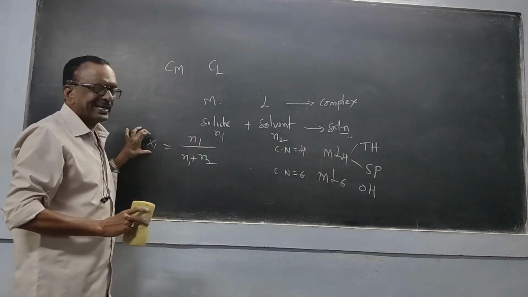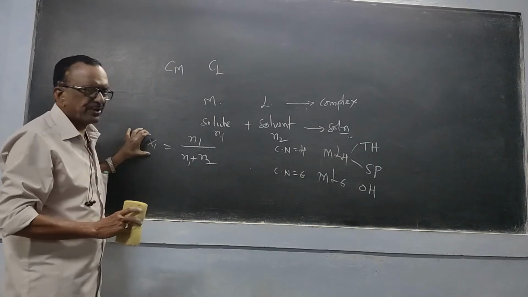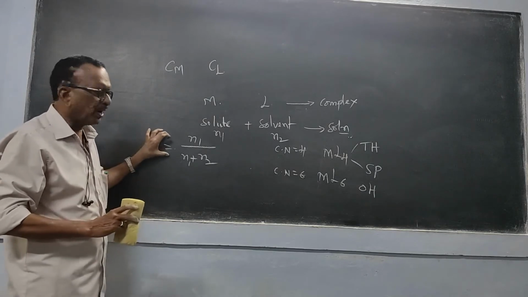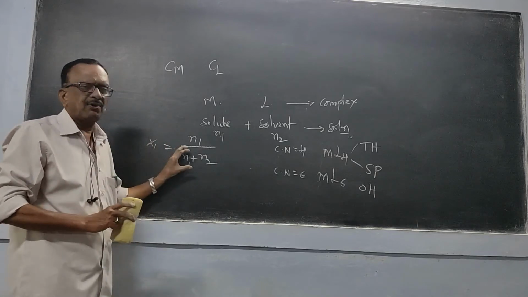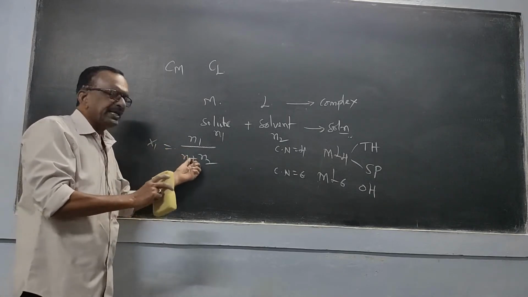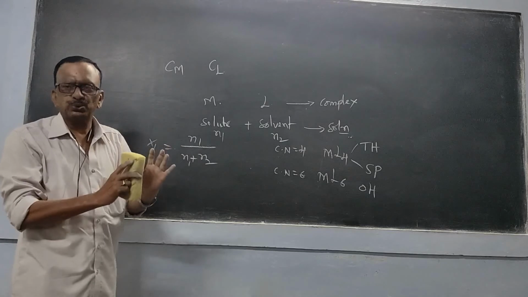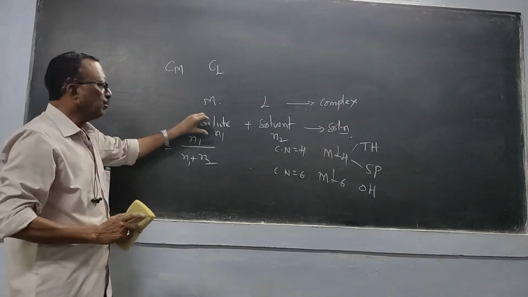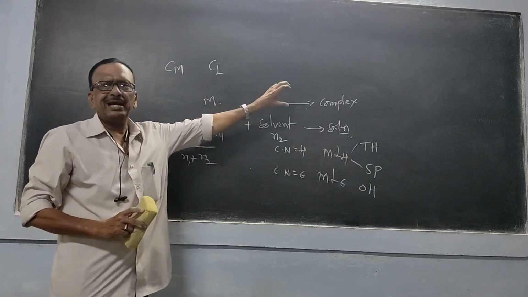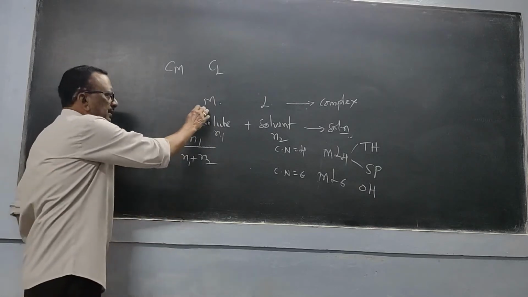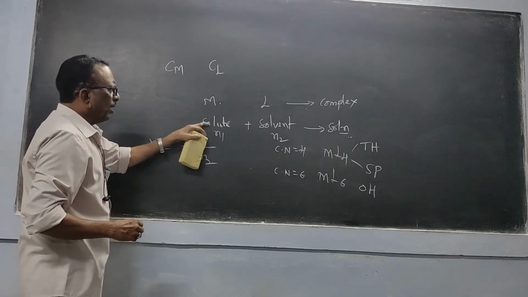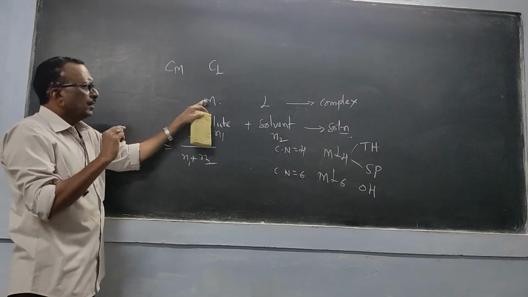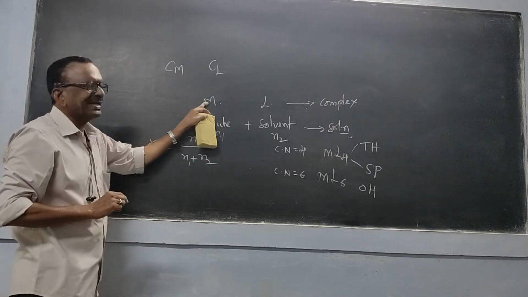So how we can calculate the mole fraction? Mole fraction is calculated by the formula number of moles of that component by total number of moles in that given mixture or solution. So now here come to this metal ligand complex. Now in this case, we want mole fraction of the metal ion.